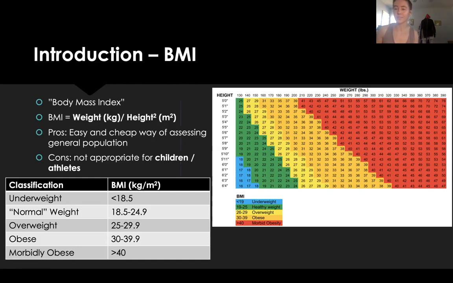They just have a lot of muscle. So it doesn't take into account the difference between muscle weight and fat weight. But the general population does not have an extreme amount of muscle. So for the general population, this is still a good method of body composition, basically.